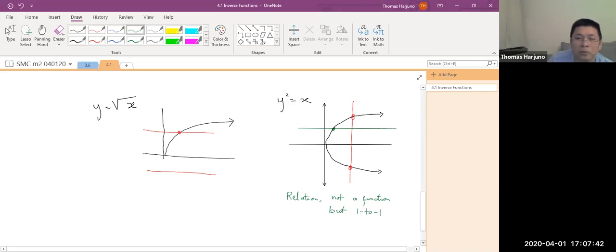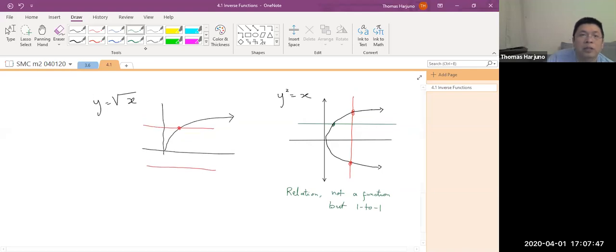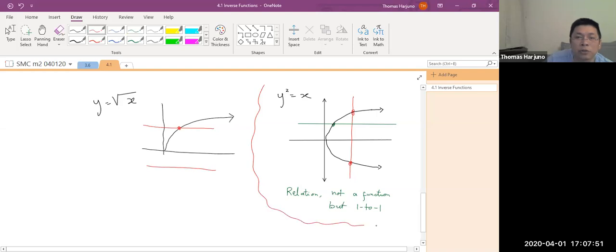The reason I give you this example is to show you that function and one-to-oneness are actually two separate topics.